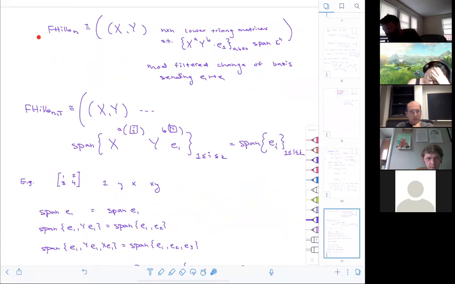So the Flag-Hilbert scheme is, roughly speaking, the set of pairs of n by n matrices, which are lower triangular, with the property that if you start with E1 and successively apply powers of x and y, you span all of Cn.